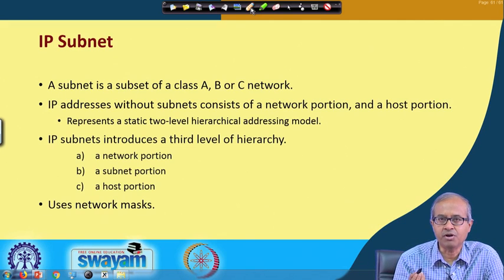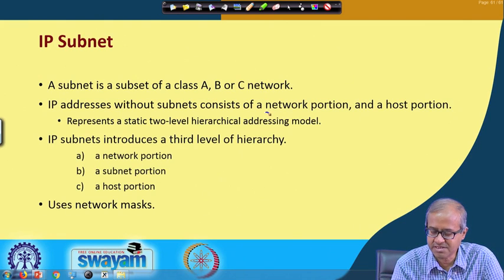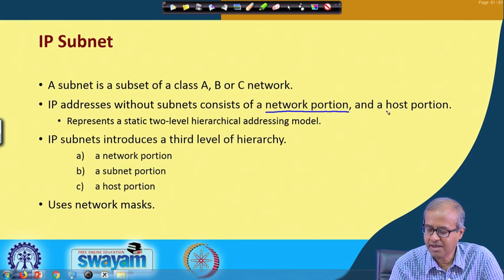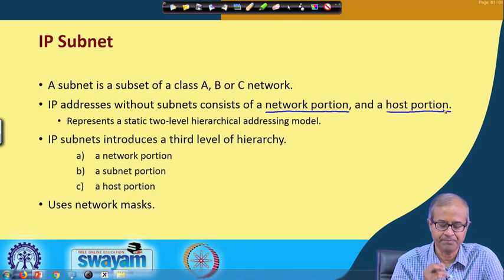Now, earlier we have already talked about the class A, B or C IP networks. There we had seen that we are using some kind of a two level hierarchical address to identify a particular host on the network. The address consists of a network part and it consists of a host part. The network part is classified as class A, B or C, like that. Okay.